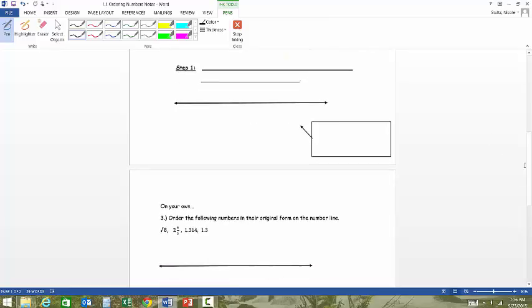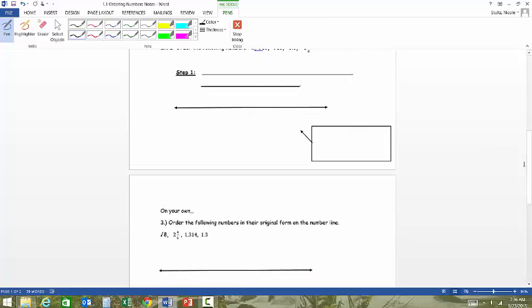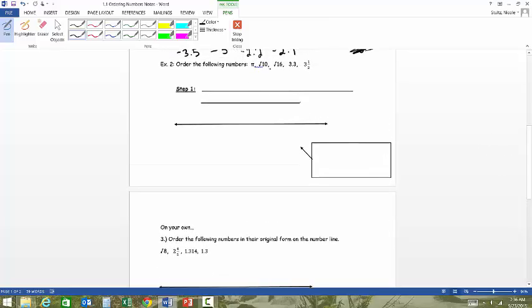In this example, when I look at these numbers, pi, √10, √16, 3.3, and 3 1/3, we're not sure exactly which one comes first on a number line because those we're not used to seeing. We don't work with those in everyday life.